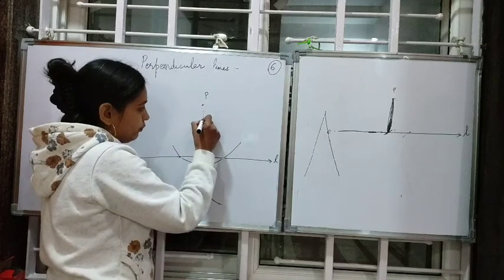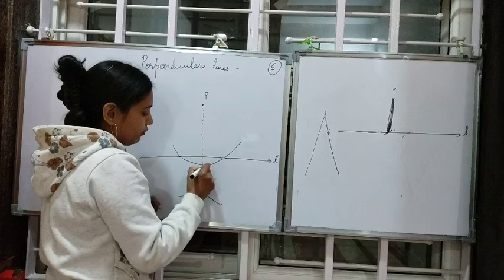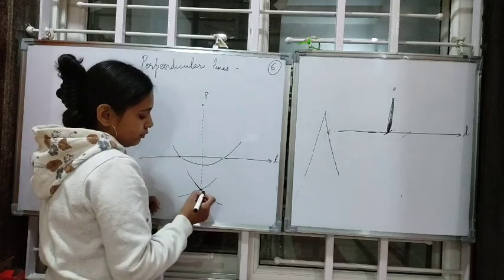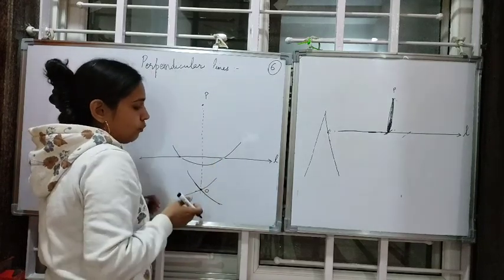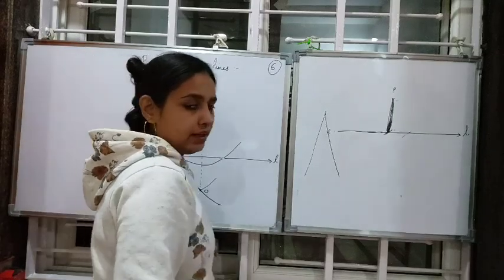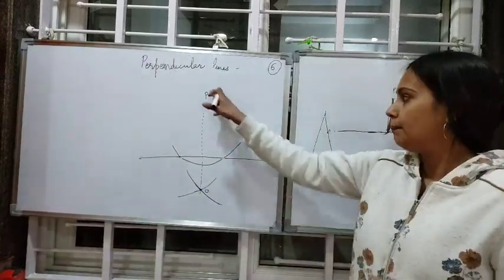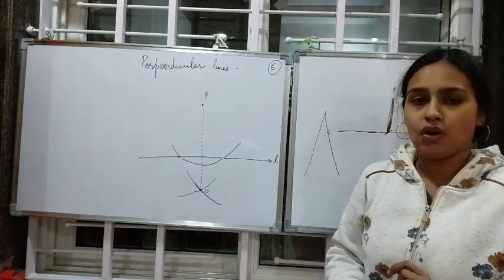Join this P and the point of intersection which you have got. Suppose you got O. So OP is perpendicular to line L when point P is not on L.